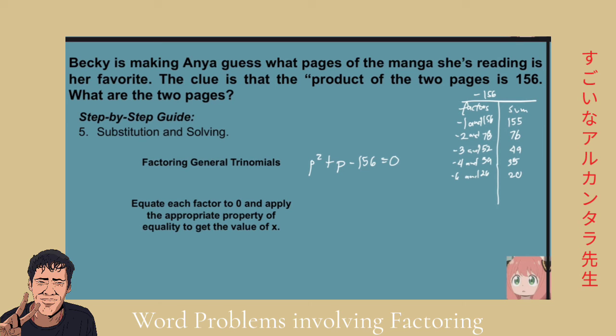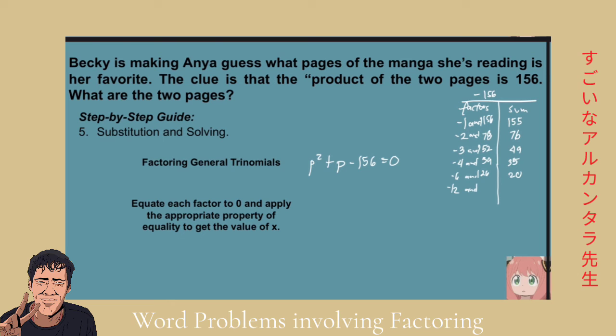Divisible by 8? Nope. Divisible by 9? Nope. 10? Nope. 11? Nope. 12? Is it divisible by 12? Well, I guess it's divisible by 12.